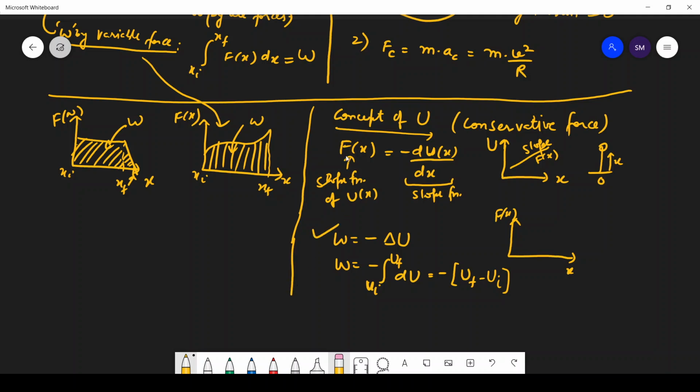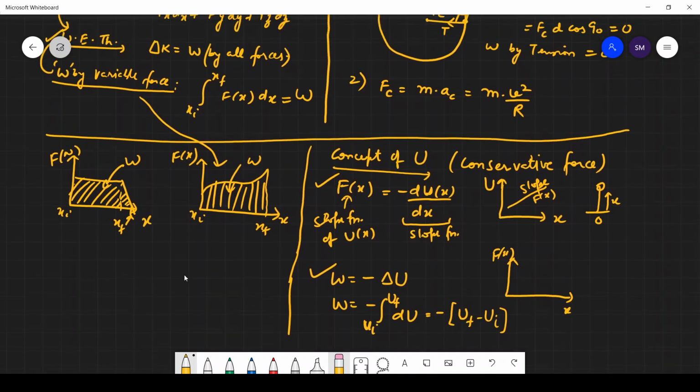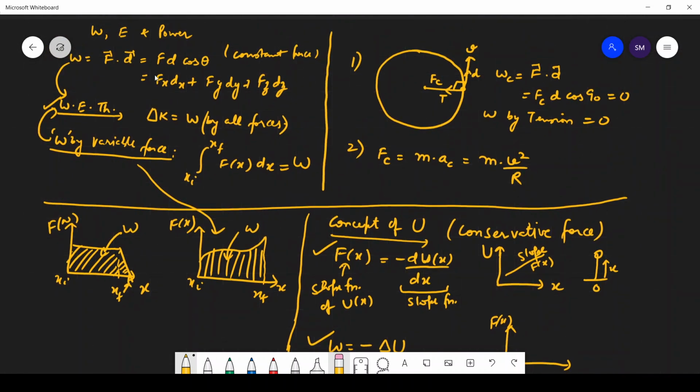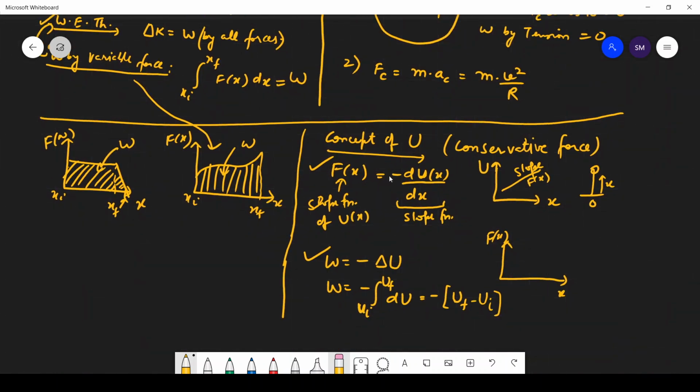So these are all concepts of conservative force. Work energy theorem is not a concept of conservative force. We have not studied conservative force from this point.